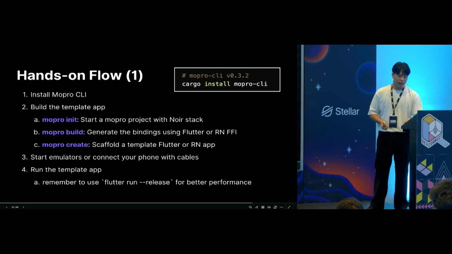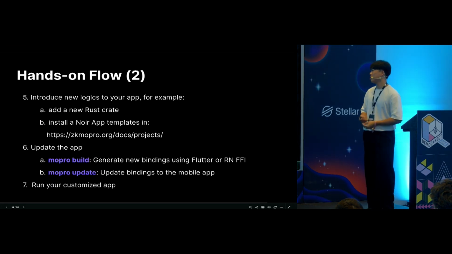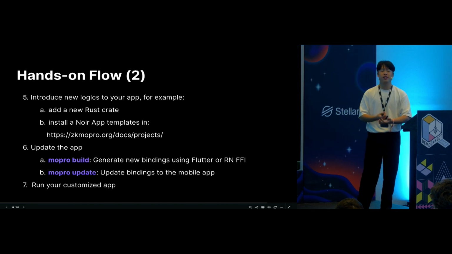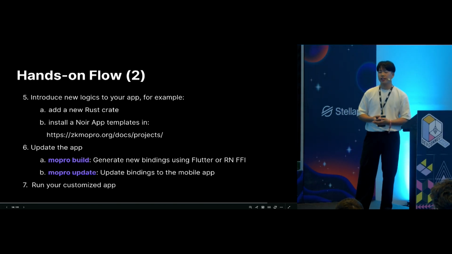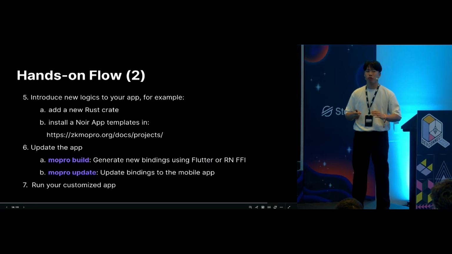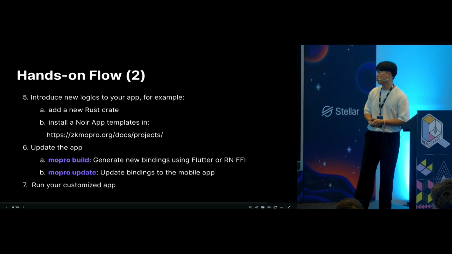Okay. After you complete this step, there's a second part, which is more challenging. We want to introduce how to update the logic inside the template app, so you can put whatever exposed function you want inside the Mopro project.